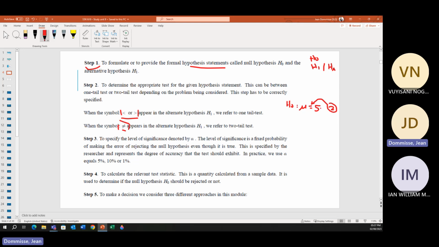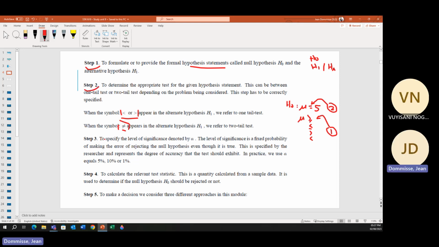I'll show another example now of why we will do that. If it is bigger, smaller, any of those signs, we're going to work with a one tail. Okay, so step 2 is nearly to identify if we're going to work with a one tail or a two tail.